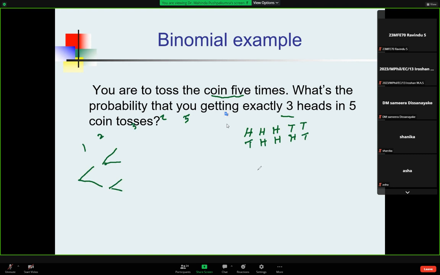Now you can do this exercise quickly. Take a photo and send your answer into the chat box. Are you ready to do this exercise? Yes, sir. Okay, then I'll give maybe 5 minutes.